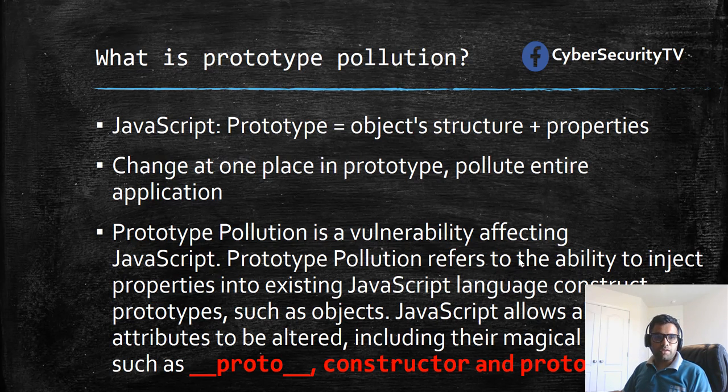JavaScript allows all object attributes to be altered, including their magical attributes such as __proto__, and that's the problem. When somebody is able to access or update __proto__, which is sort of a root level prototype of any object, then this vulnerability arises.